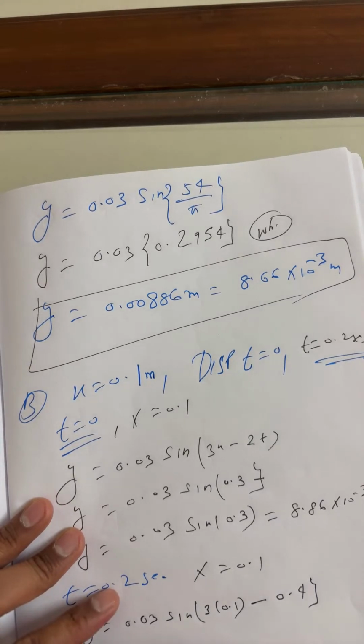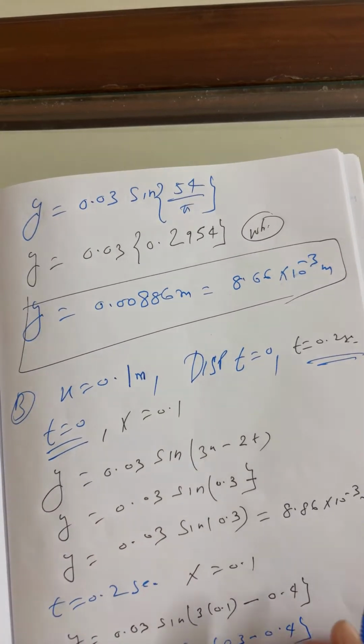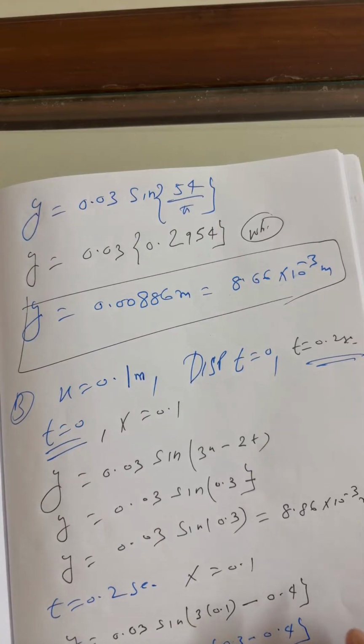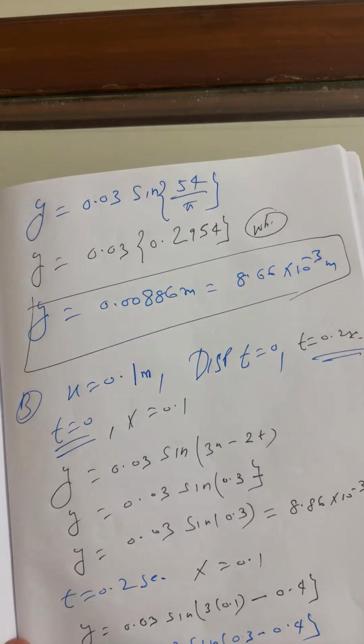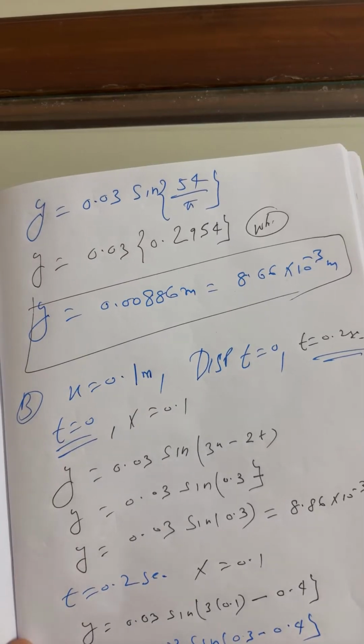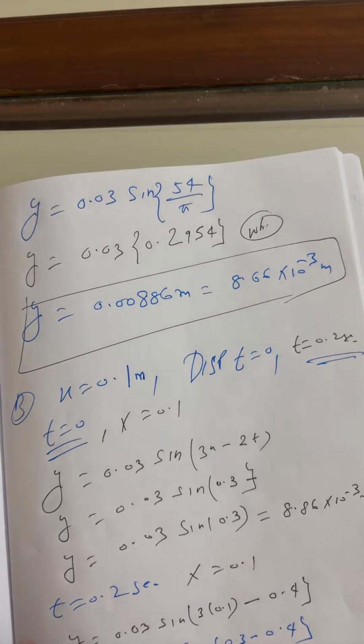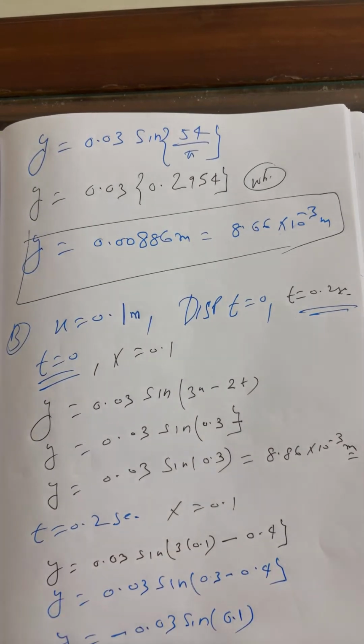So this is 0.03 sin of (0.3 minus 0.4). So you can write y is equal to minus 0.03 sine of 0.1.